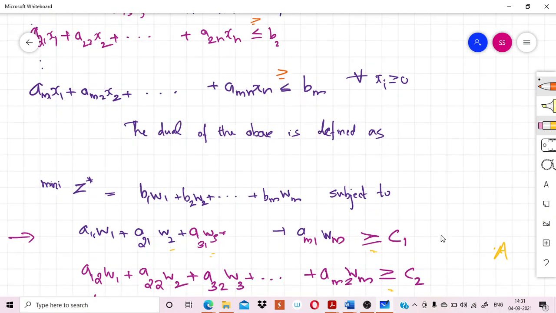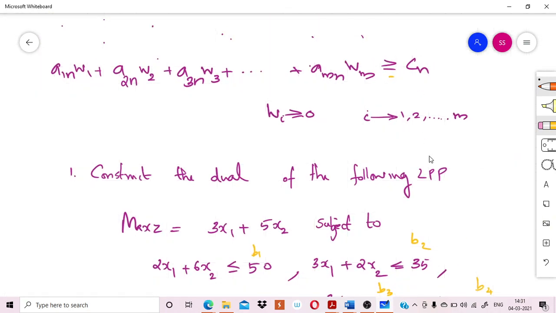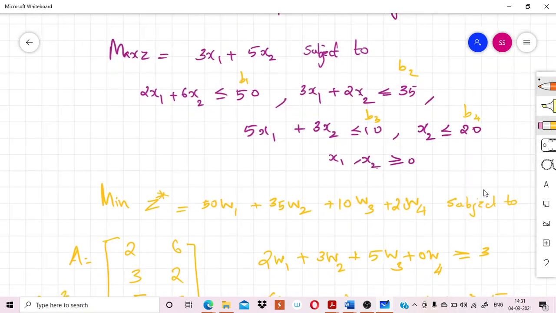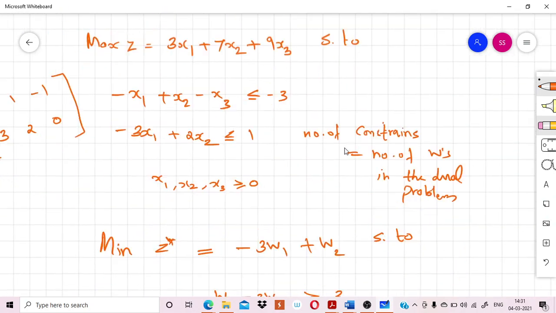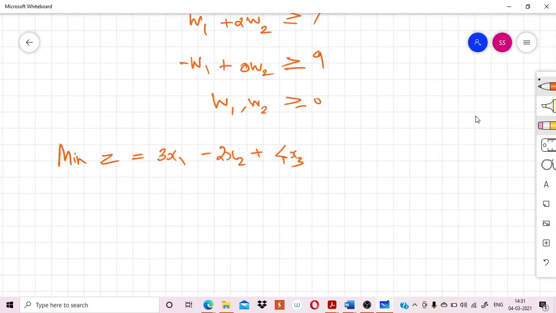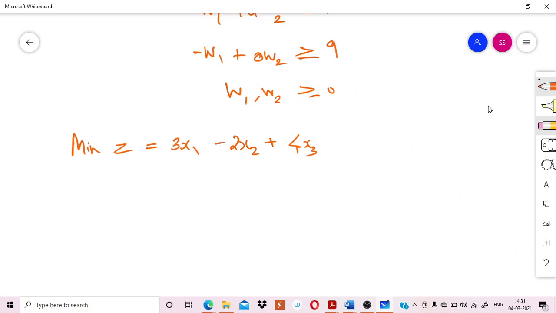Okay, so we have a problem like this. We will solve it so that you will understand better. So minimize Z subject to the constraints.